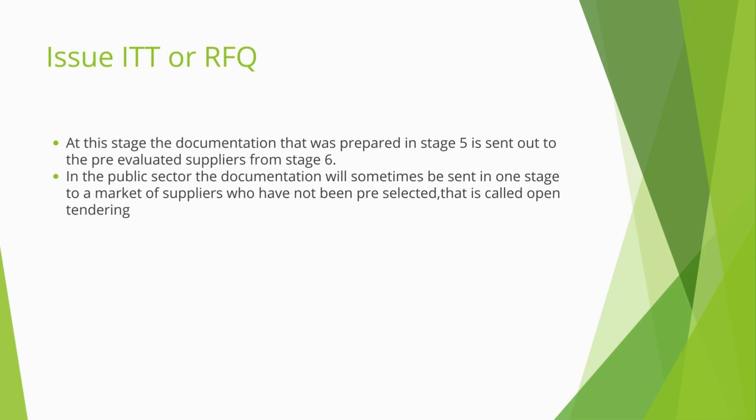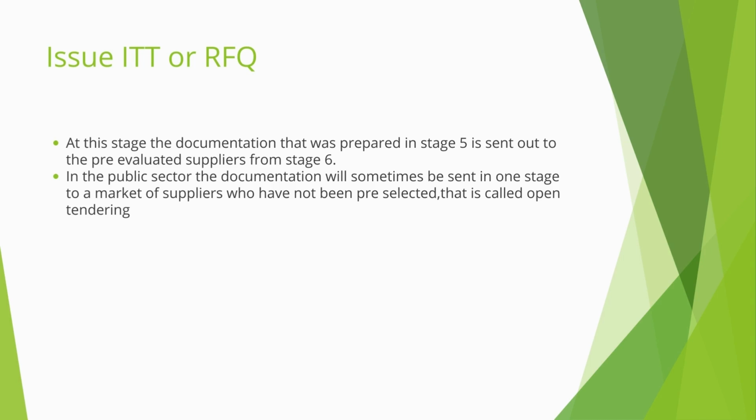Here the tender is widely advertised to potential suppliers who might show interest. So open tendering is used when the buyer expects there to be relatively limited interest and fewer bids to evaluate, and the documentation may be sent out by post or electronically.